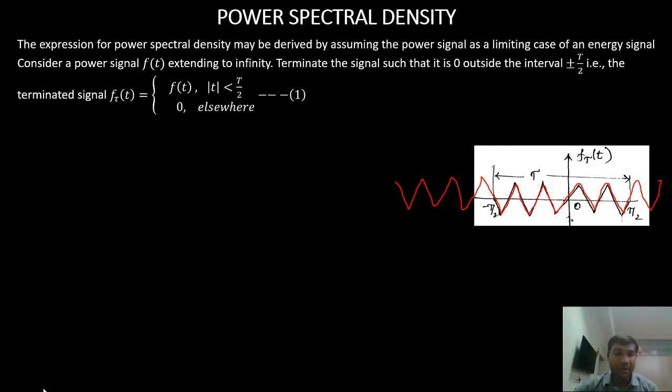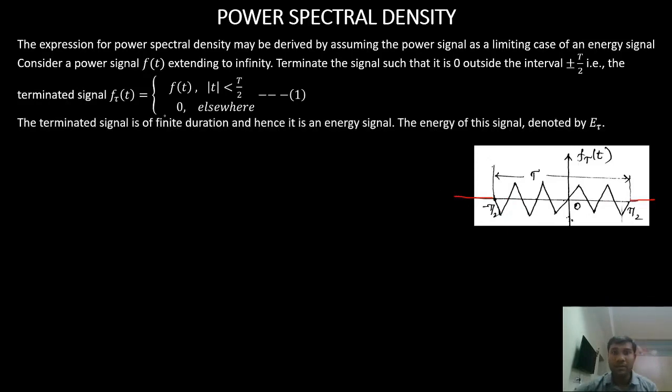Now if I terminate it from this point to this point, such that it is 0 outside the limits of minus T by 2 to plus T by 2, what happens?